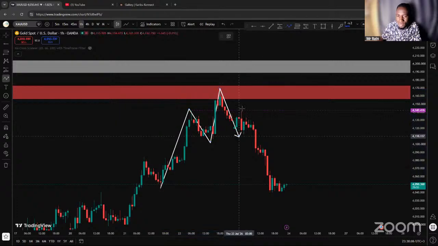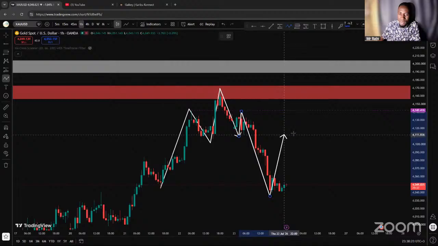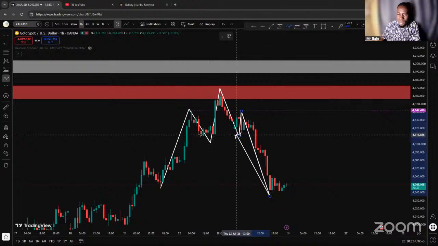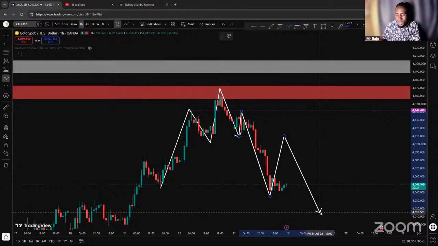It failed to create another higher high, but instead it created an equal high around here. And then we had that break of structure forming this low down here. So what we expect is at least for this price to come around these areas, which is the neckline of this pattern, before we continue pushing down.